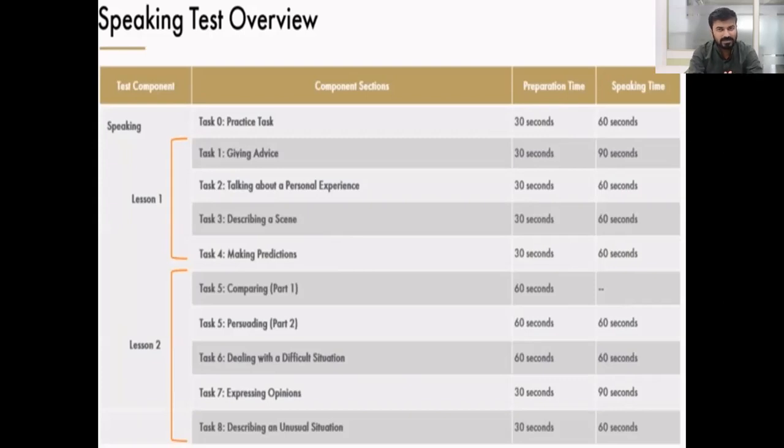That is basically a practice task, and for this task, you would not be judged. So do not worry. It is basically to make a candidate feel a little bit comfortable with what the exact tasks that they would come across throughout their speaking module would be like.